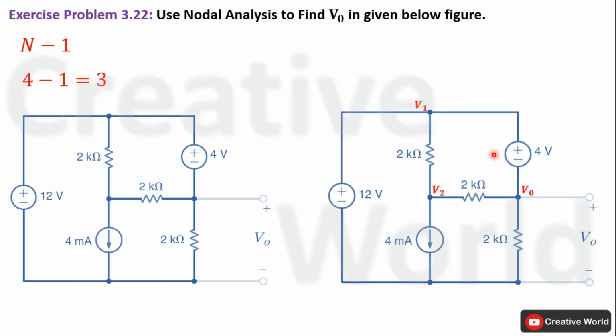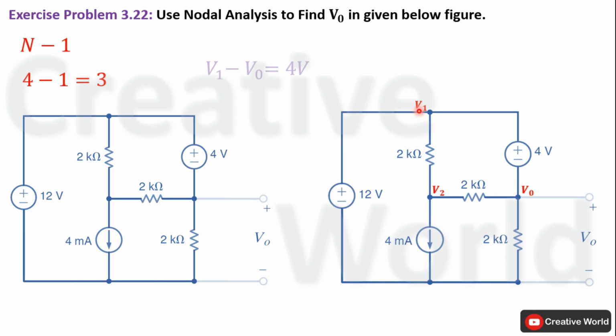Now, as we discussed earlier, we have to merge this voltage source in order to form a supernode to either this node or this node. But before that, we have to write its voltage equation. Voltage across this voltage source is equal to the potential difference of these two non-reference nodes.